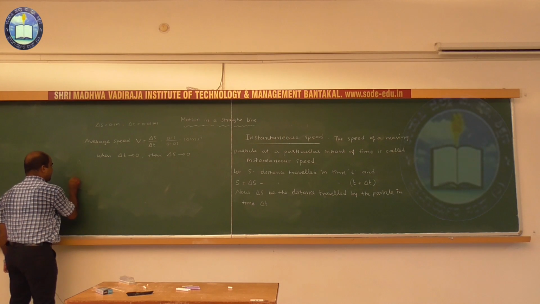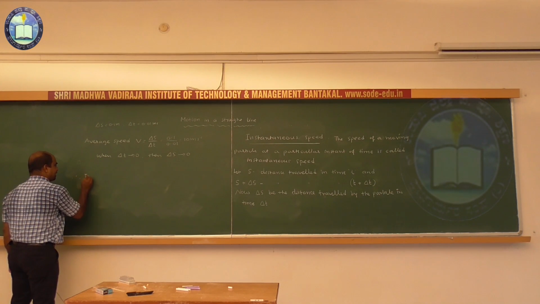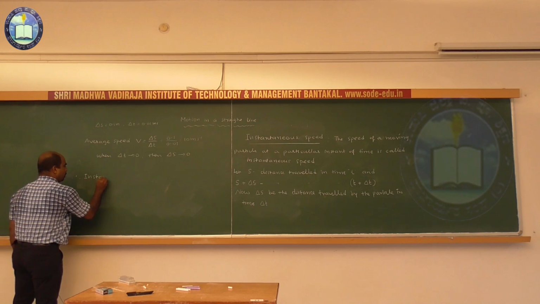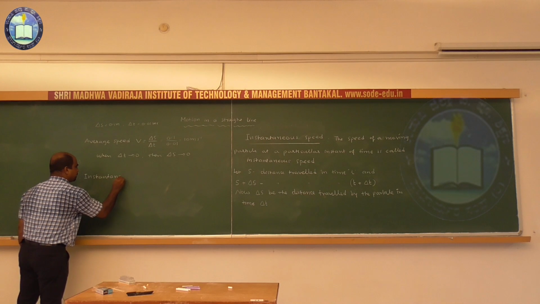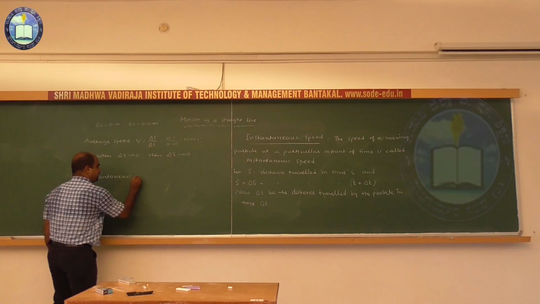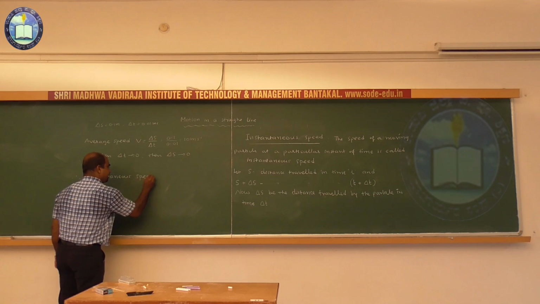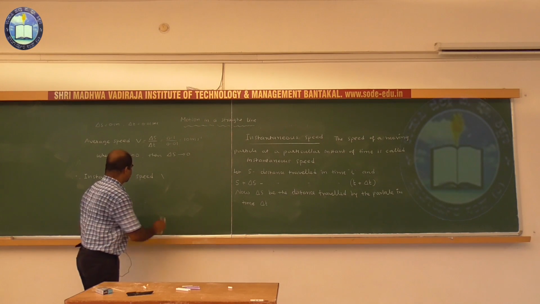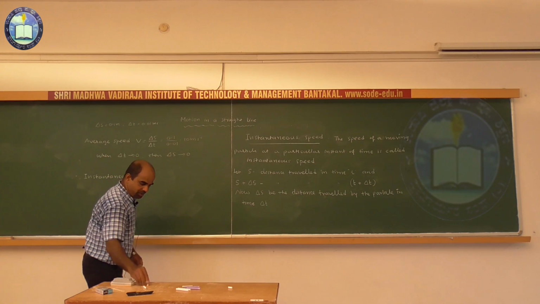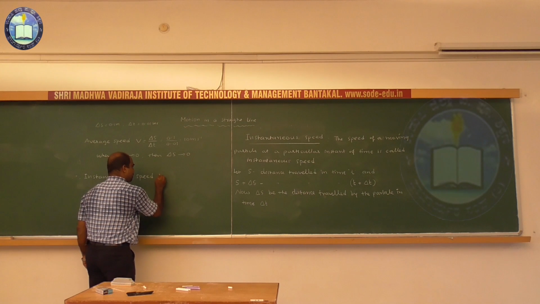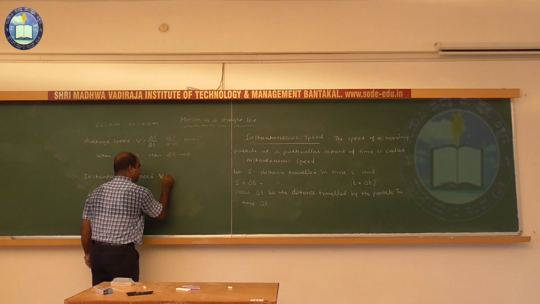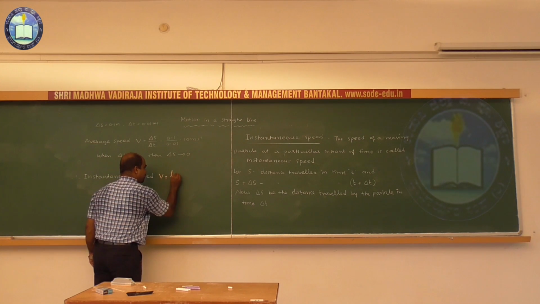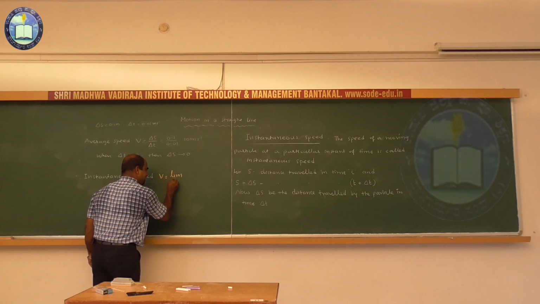Therefore, what is the instantaneous speed of a particle? Instantaneous speed V is given by the limit, because I told you delta S by delta t has a finite limit.